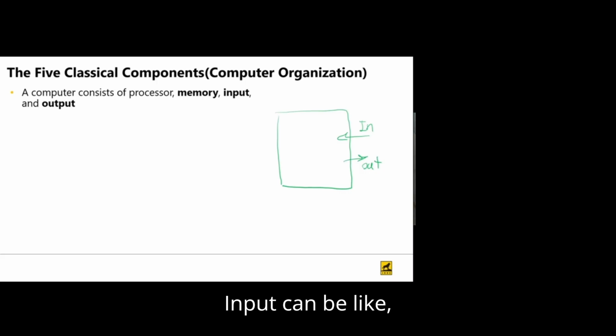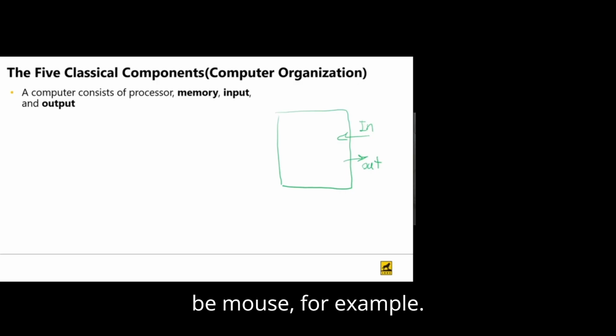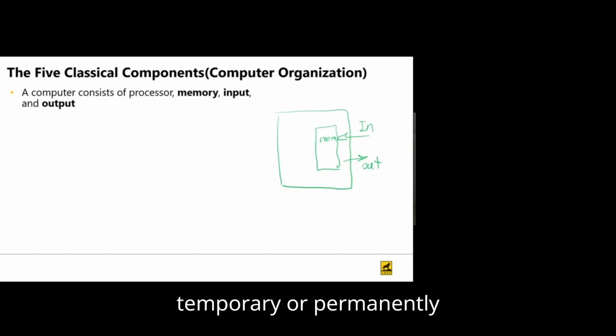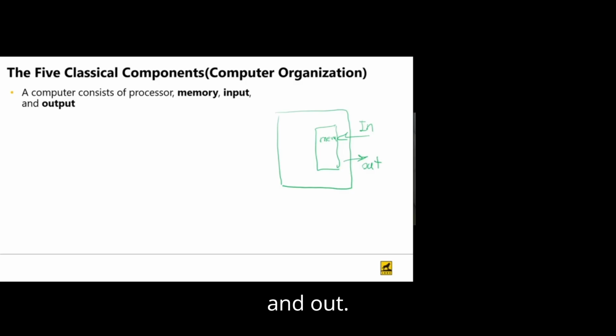Input can be, for example, a camera, a keyboard, or a mouse. And we have memory. Memory is a storage that temporarily or permanently stores the data that is going in and out.